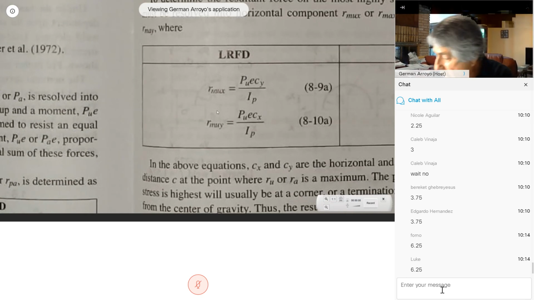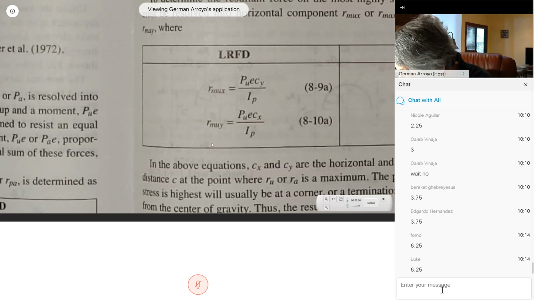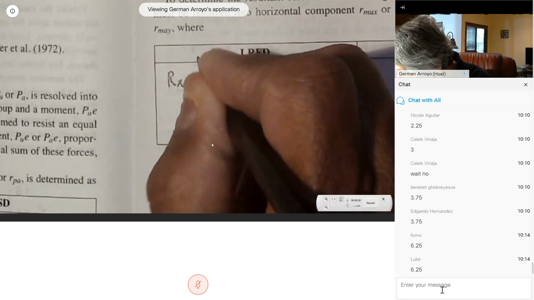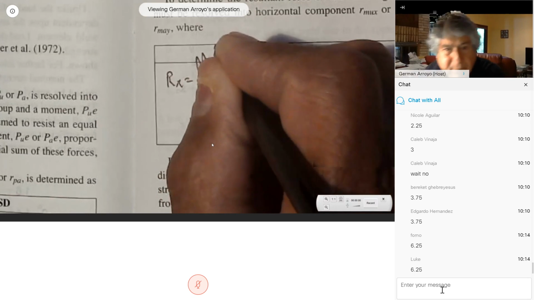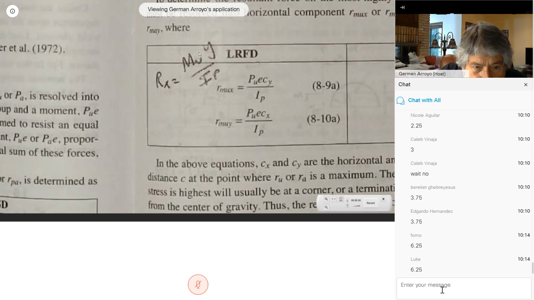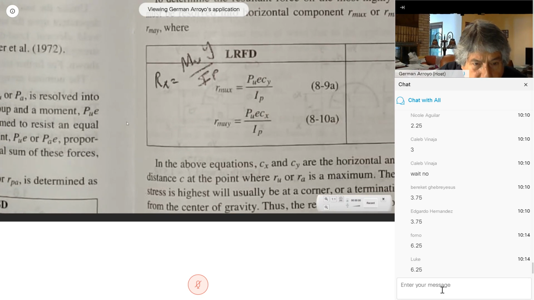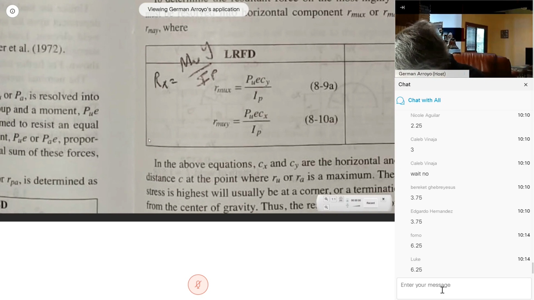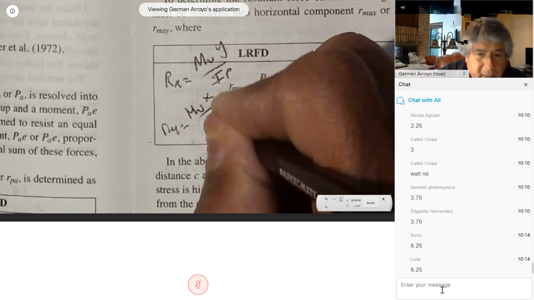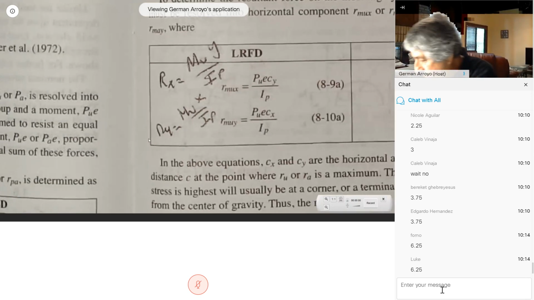So the way I usually write this, I put Rx is equal to Mu times y over Ip. The component in x goes with the y value. And the component in y, Ry, is going to be Mu x over Ip. So this is what I want you to write on that page.